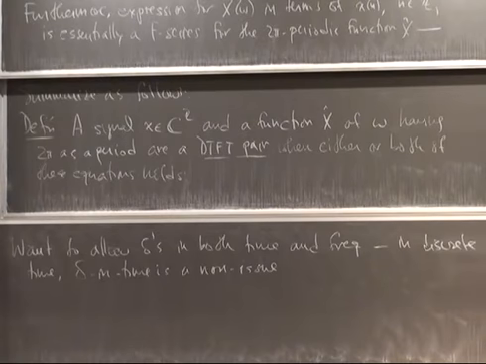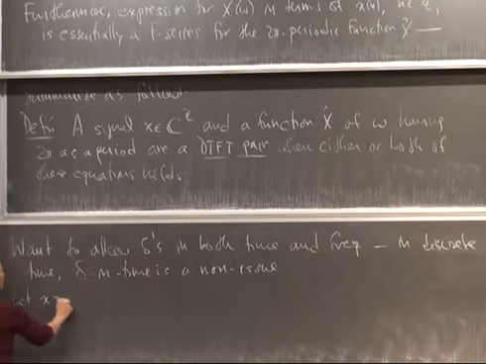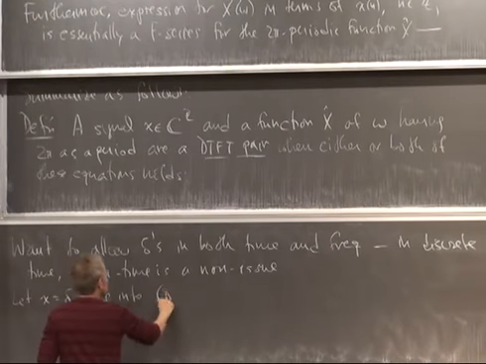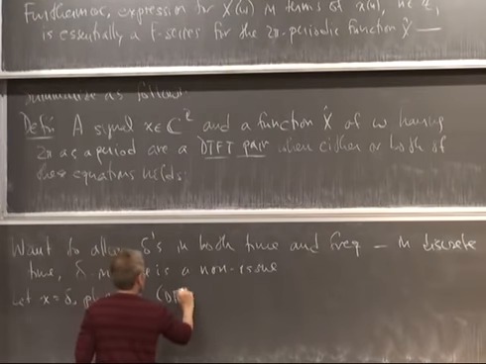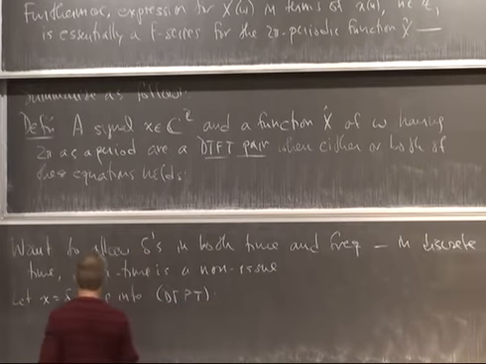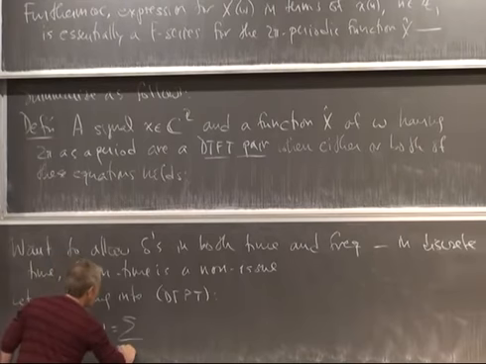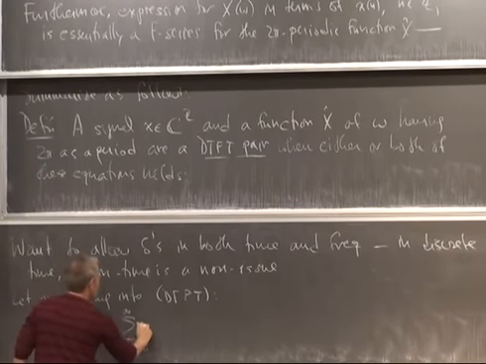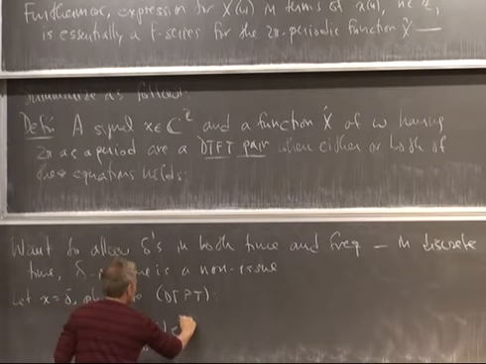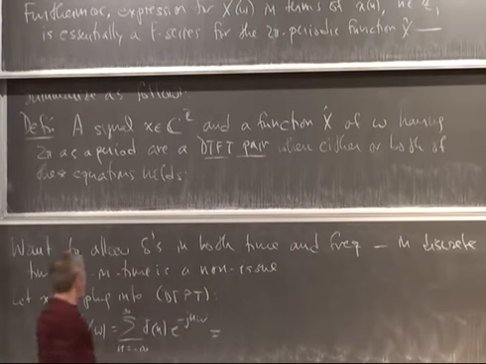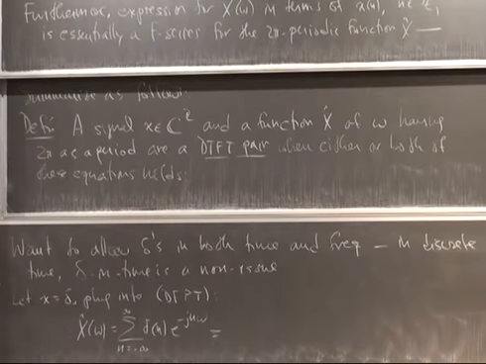What happens if we plug a delta in time into the x hat of omega expression? So let x equal delta. Plug into equation DTFT. What happens? You get x hat of omega equals the sum over all n of delta of n e to the minus j n omega, which equals... how many terms in an infinite sum are non-zero?